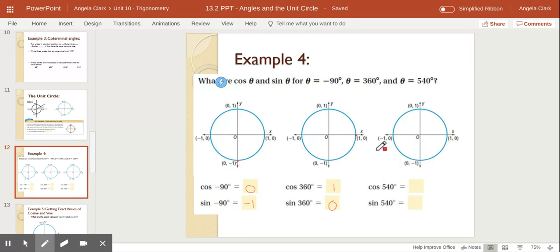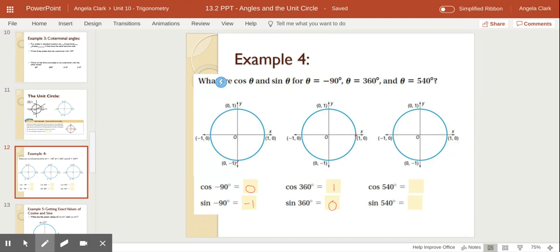540 is bigger than 360. So to get this down to a number that we recognize, I would subtract 360. So remember in the last video, we talked about coterminal angles. We said that if I add or subtract 360, I'm not changing the angle.